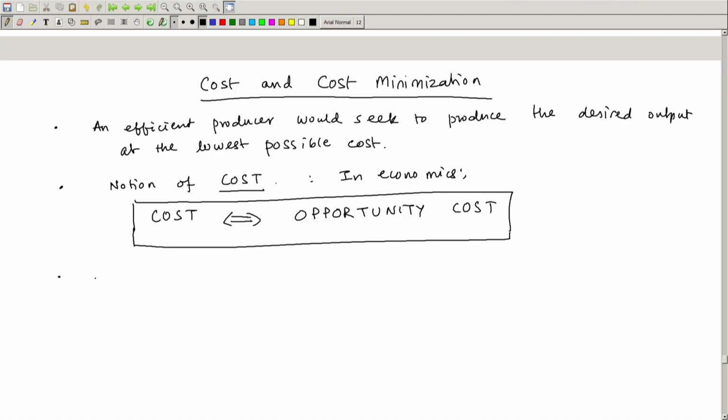Well, the most common notion of cost is what is called accounting cost, which is also the explicit cost, right. You can think of explicit cost as the cost incurred by the firm where you can assign a monetary value to the various aspects of production.